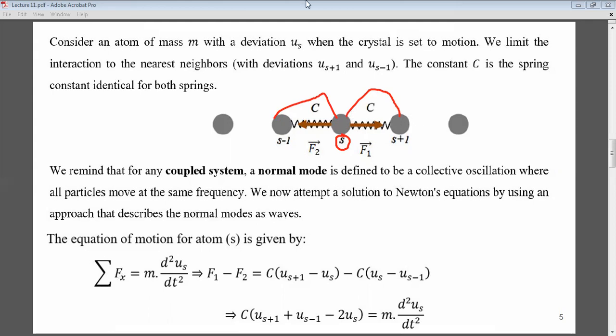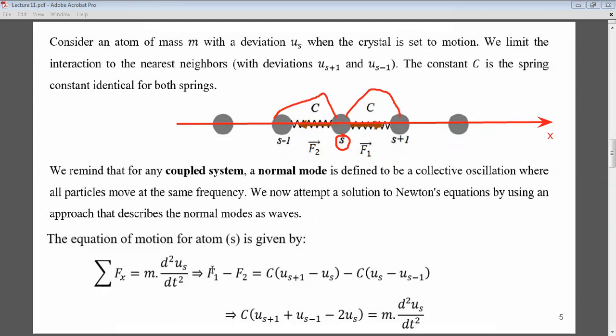If we take the x-axis to be in this direction, then I have F1 minus F2, which we agreed is C times (us plus 1 minus us) minus C times (us minus us minus 1).